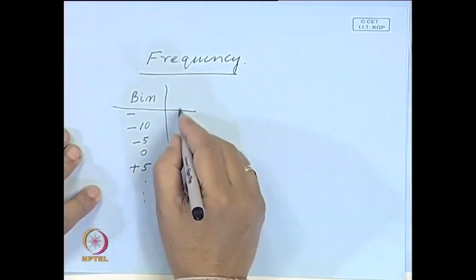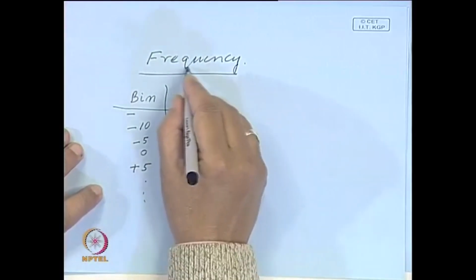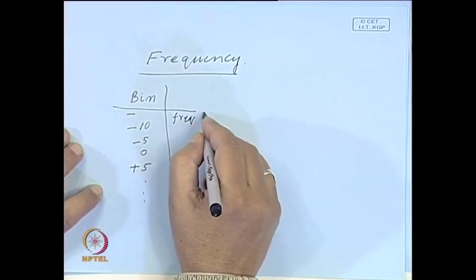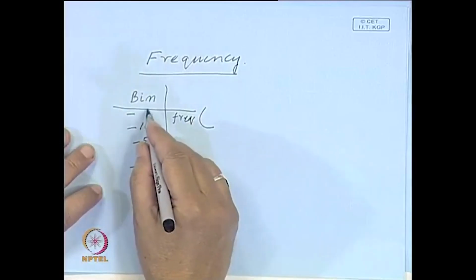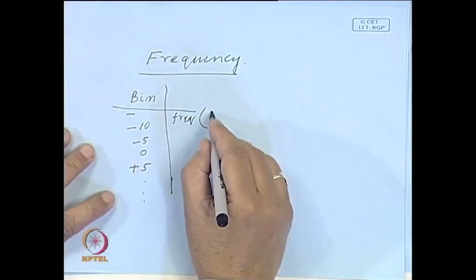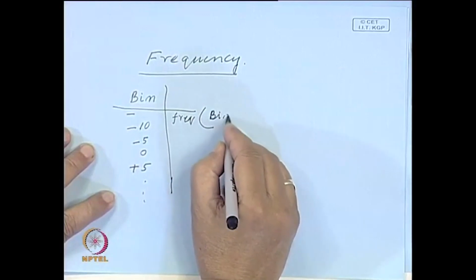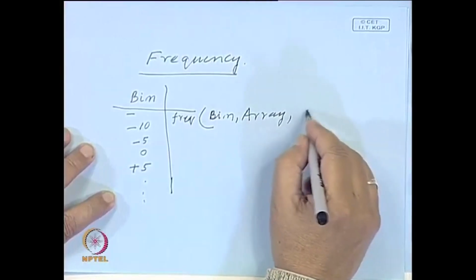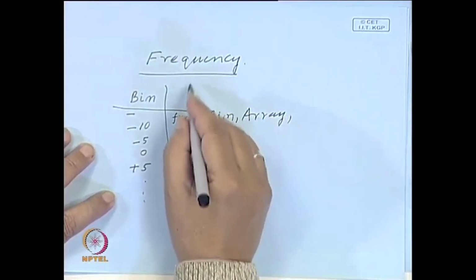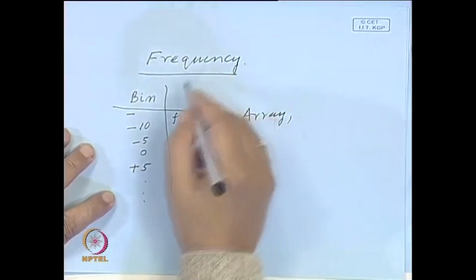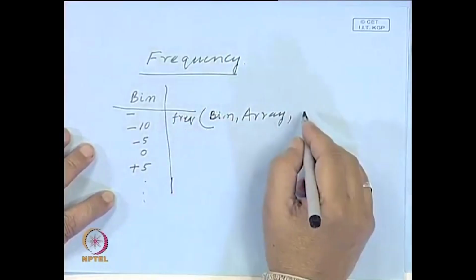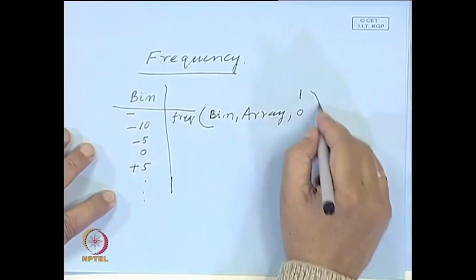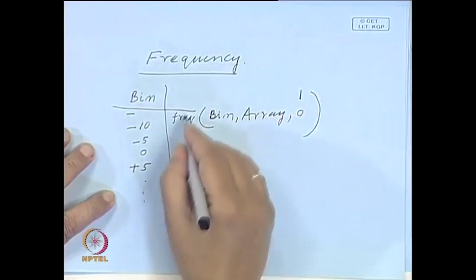You enter this frequency function over here. It will ask for the bin, you define the bin, you define the array, and there is a logical variable. If you want to determine whether the frequency is cumulative or probability distribution, you can put either a 0 or 1. I do not remember exactly which one.